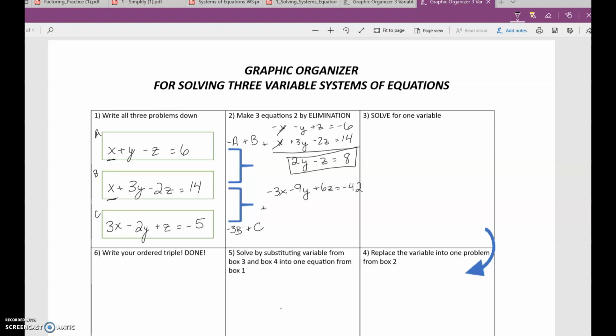I'm going to add that to C, the original, 3x minus 2y plus z equals -5. Okay, so my x's cancel out. I now have a -11y, a positive 7z, and a -47. That's your second equation. All right, so that's step 2. We're done with that one right now.